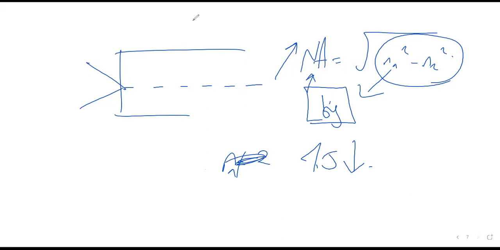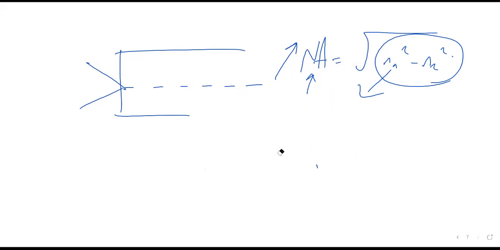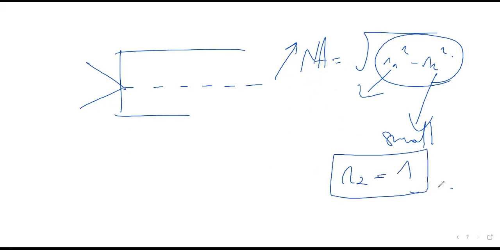So what that means is N2 should be very, very small. This one should be small so that our light accepting efficiency is very big. And the minimum value of refractive index is obviously 1. That is the minimum value.